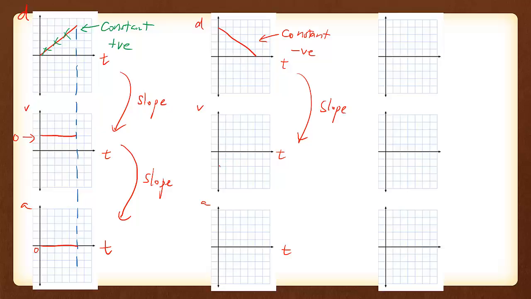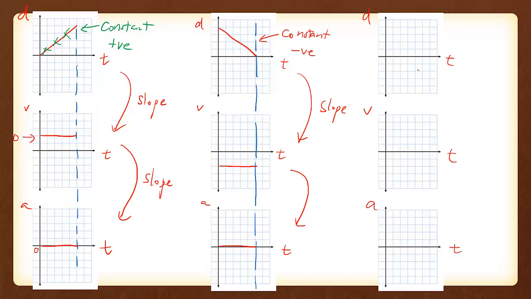For the at graph, since this line is constant, the at graph is also 0 here, just like the one on the left hand side. Same thing for the time here.